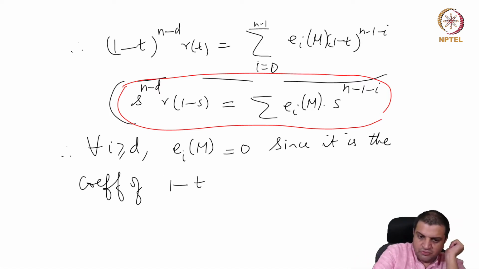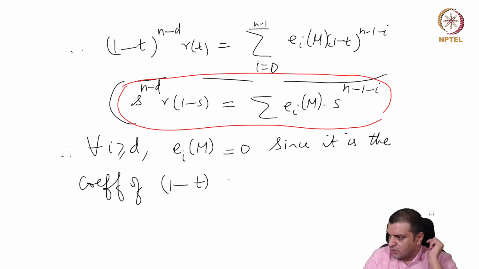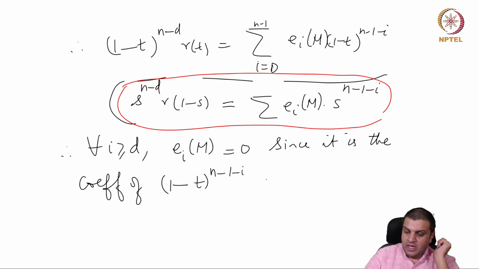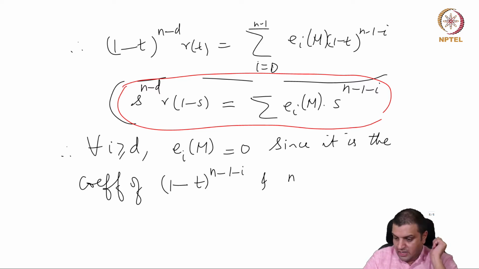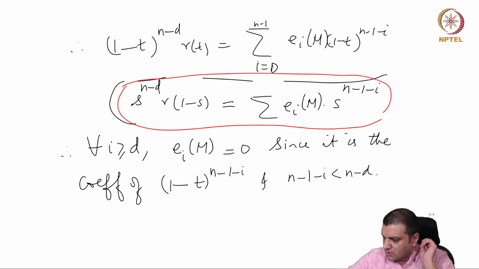The exponent of 1 minus t is n minus 1 minus i, and n minus 1 minus i is less than n minus d. That is, coefficients for every exponent less than n minus d are 0. That's all that we have used, and this gives this conclusion. So that proves that statement.